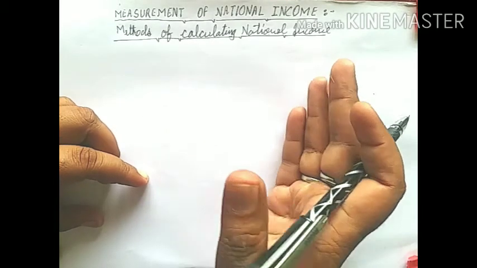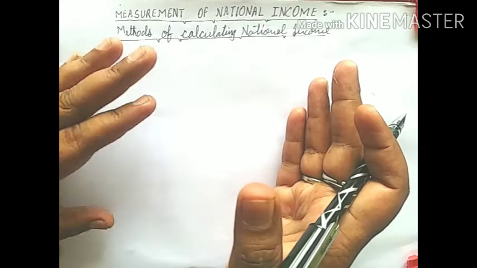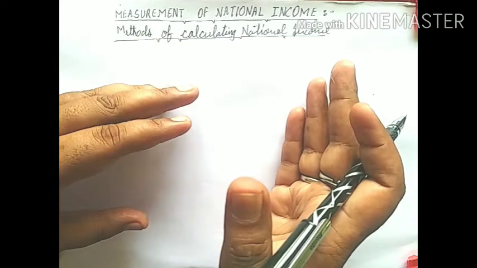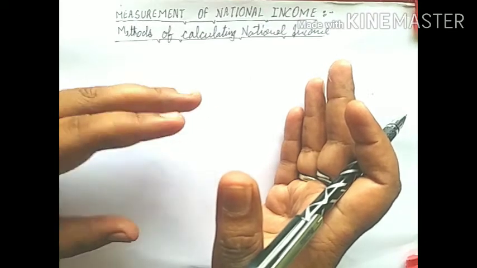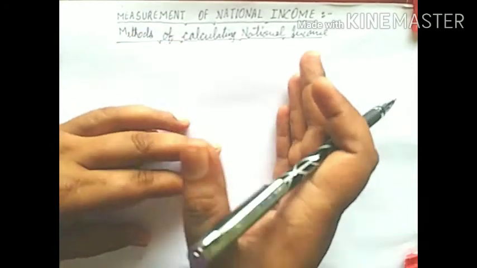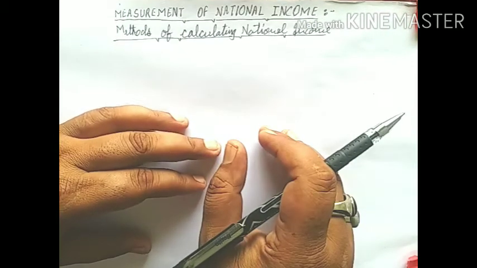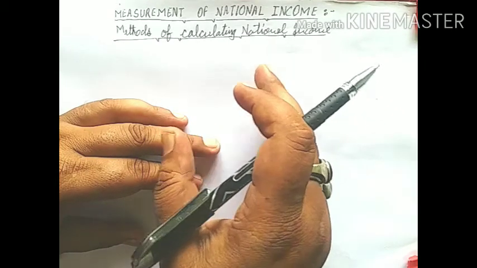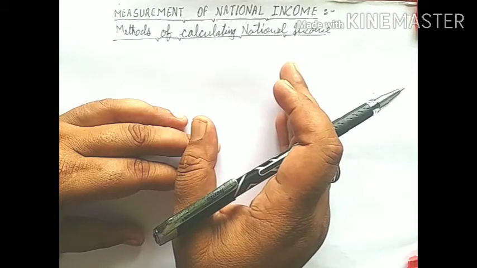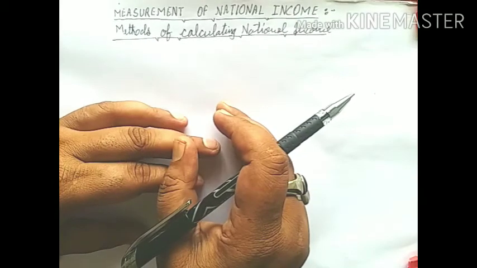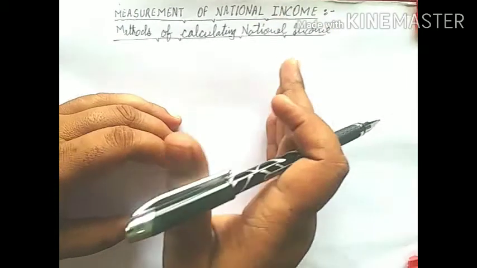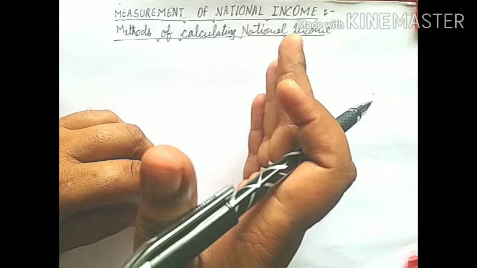Students, money value of physical goods and services generates income, as we know well. It means that there is an income flow corresponding to the flow of output. Here, goods and services are purchased by people through consumption expenditure, which gives rise to income for the producers of goods and services.